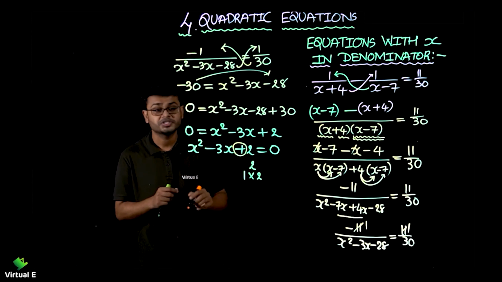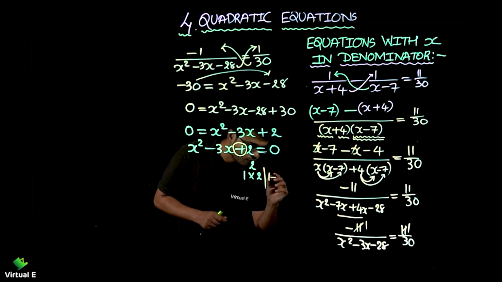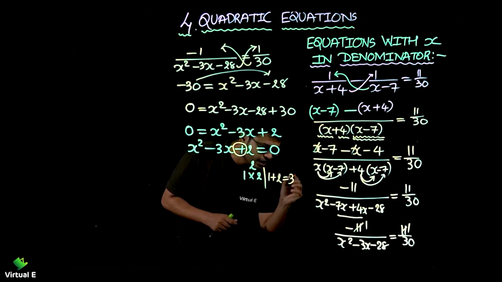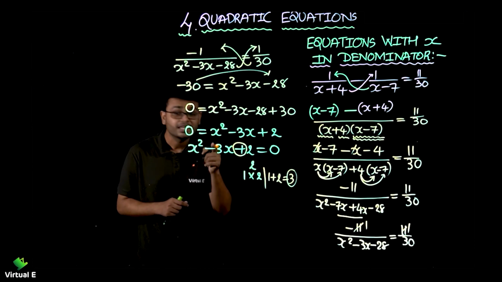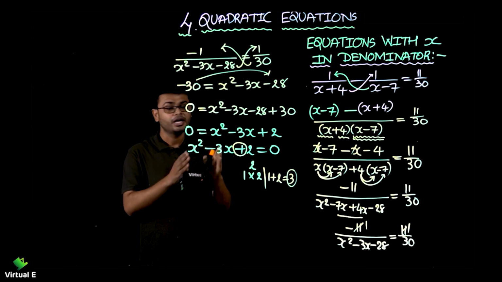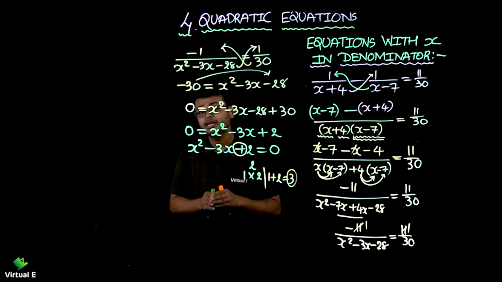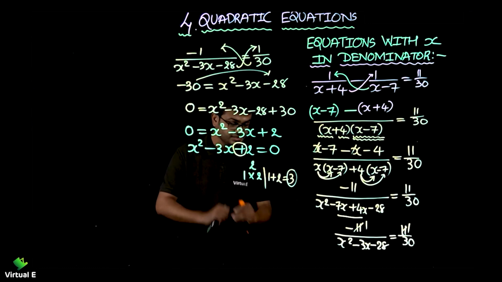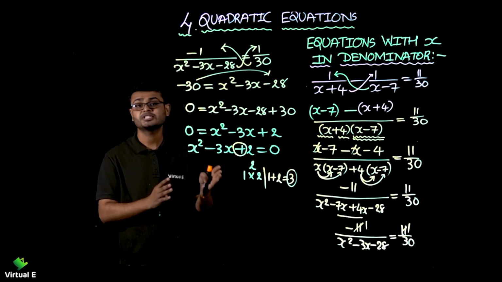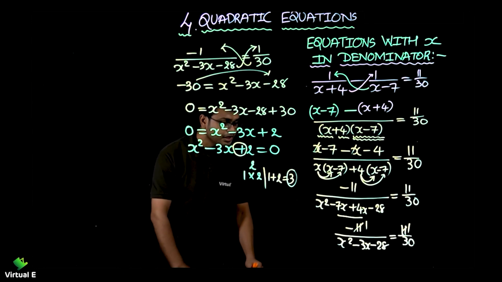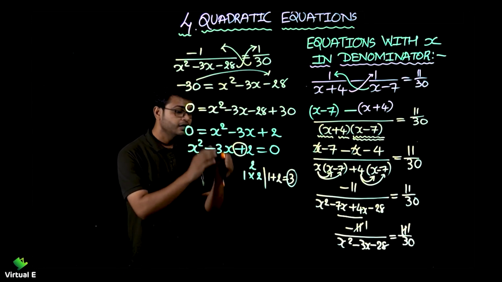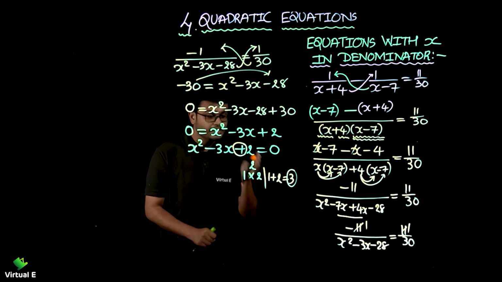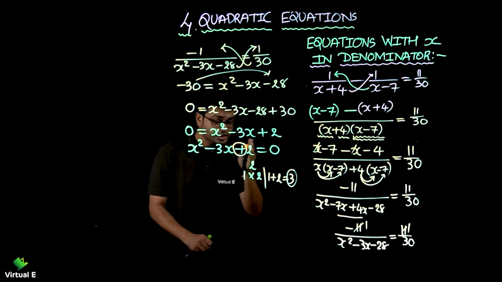Now what is the sign of the constant? Which is plus. So I am going to add the factors. 1 plus 2 is equal to 3. Is 3 there in the middle term? Yes, it's there. Don't think that sir it is minus 3, but focus on the value for a while, then we go for the signs. So I can use the factorization method. Now how shall I get minus 3? So sum should be minus 3 and product should be plus 2.